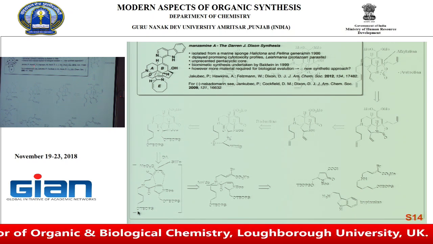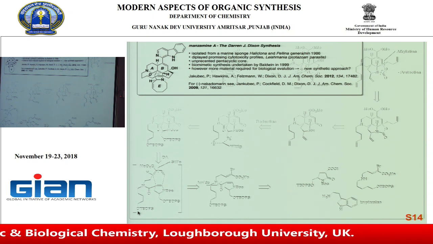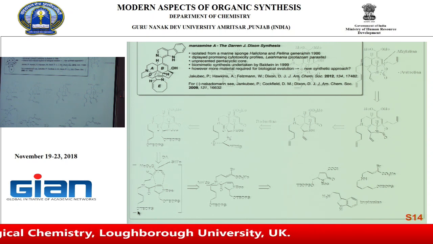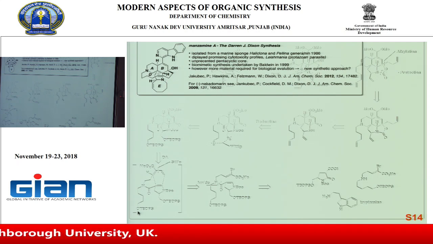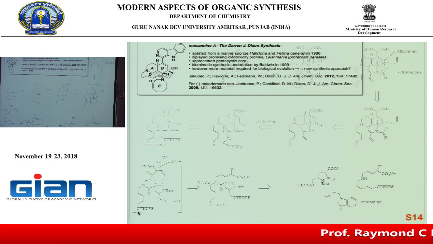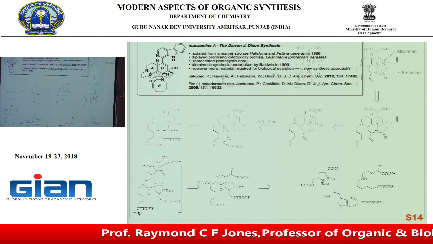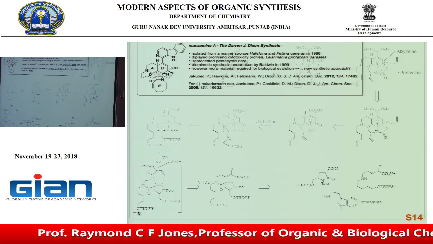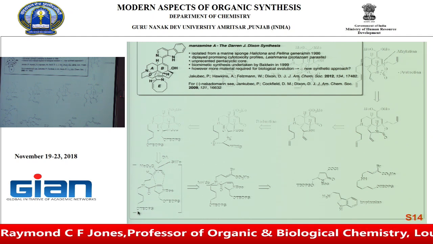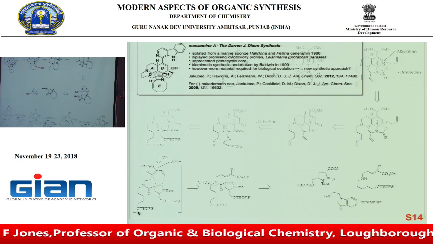So a lot of this says the same thing, basically that you need to do the synthesis to make more material because you can't get enough to do proper biological evaluations from the natural source. And of course the syntheses should allow some variation by putting in different groups at different times to make some analogues of the natural materials, in other words some non-natural analogues.